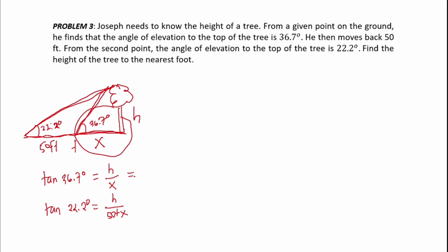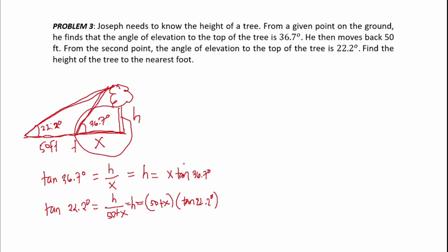So in this case, h is equal to x tangent of 36.7 degrees, and this part is 50 plus x times tangent 22.2 degrees. So this is our h here.